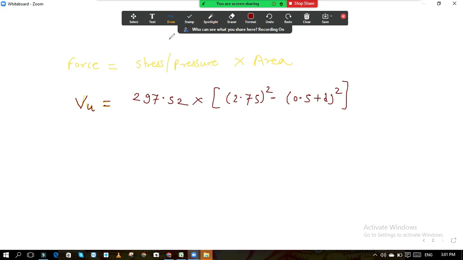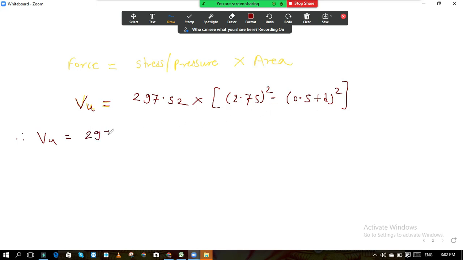Okay, so now simplify this. Vu is equal to, now do the calculation: 297.52 into 2.75 square. Here we first need to solve this bracket.